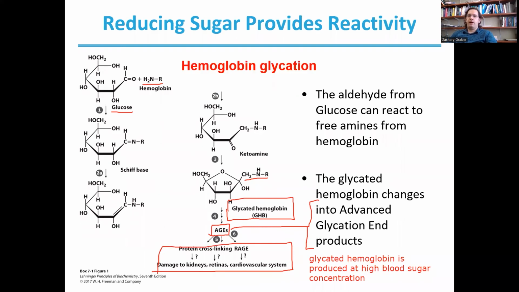So this sort of process of hemoglobin glycation is actually one of the dangers of having very high blood sugar concentrations, right? So if that glucose is just sitting in your blood doing nothing, it's going to end up reacting in unintended ways and damaging our hemoglobin.